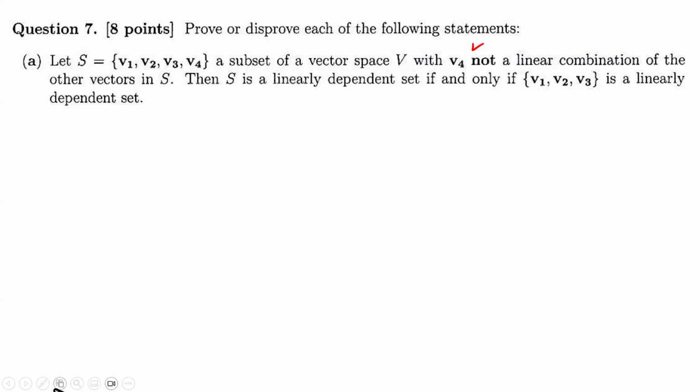So let S be the set with 4 vectors such that it's a subset of a vector space V, with V4 not a linear combination of the other vectors.